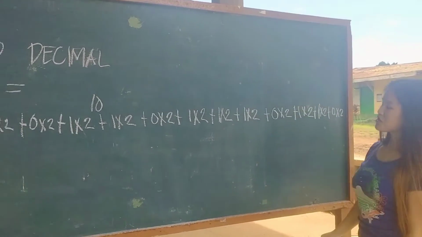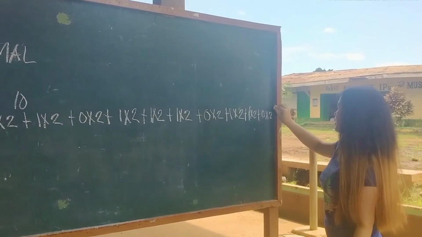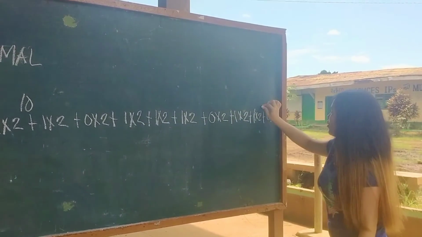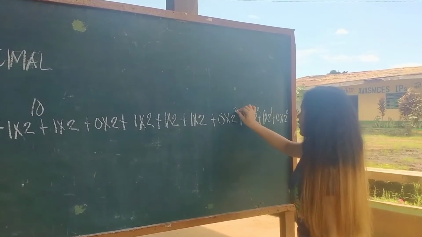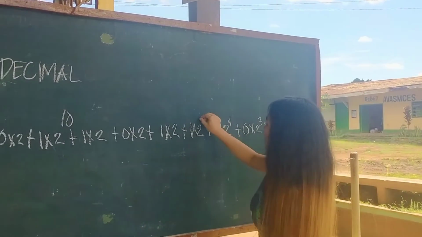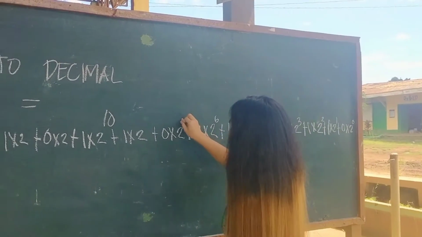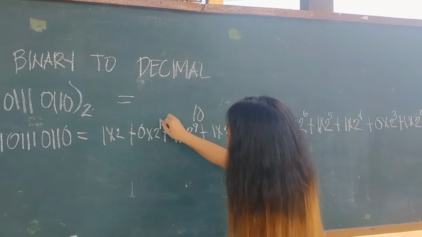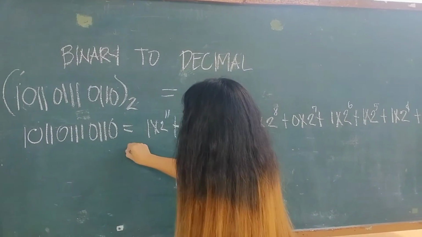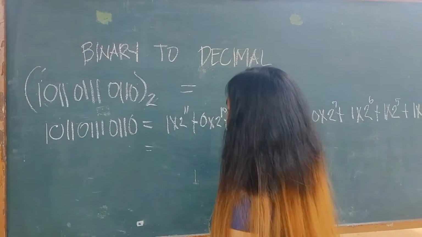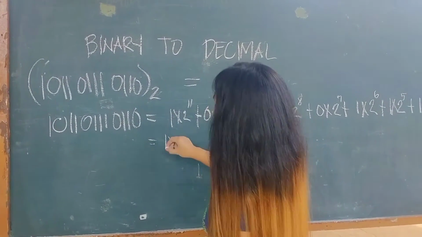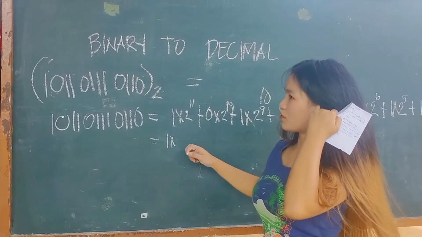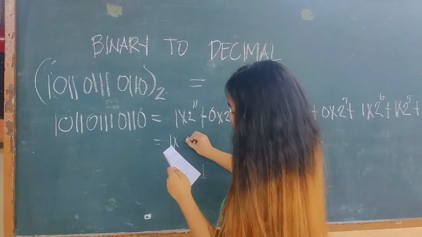And we should put an exponent here from 0, 1, 2, 3, 4, 5, 6, 7, 8, 9, 10, 11.